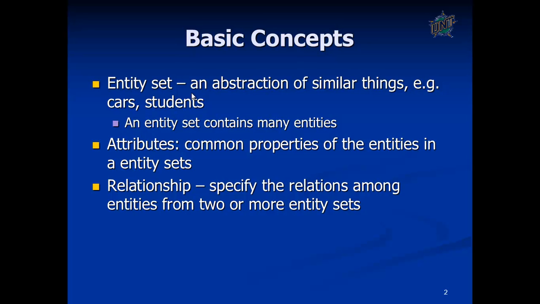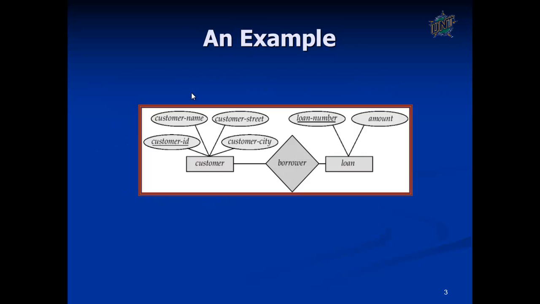The relationship specifies the association between two or more entities. You can see the example of an ER diagram. Here there are two entities. First is customer and second is loan. The entities are represented in a rectangular box.